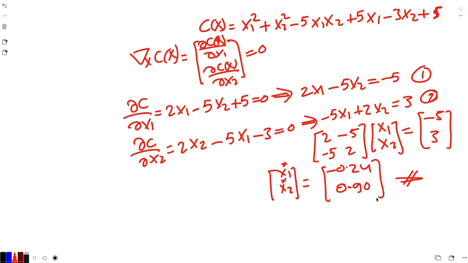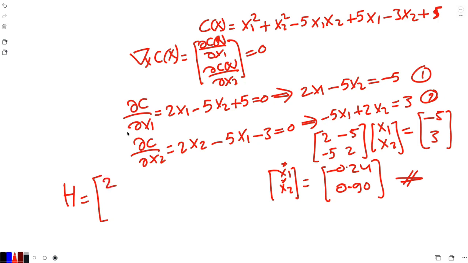The Hessian matrix is easily computed if you remember from the previous session that we take the differentiation 2 times. Now this is dc over dx, and we differentiate this once more with respect to x1, and the result will be 2.